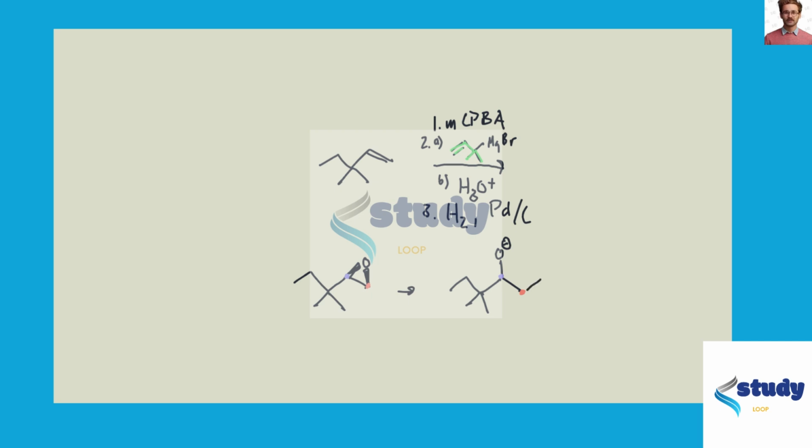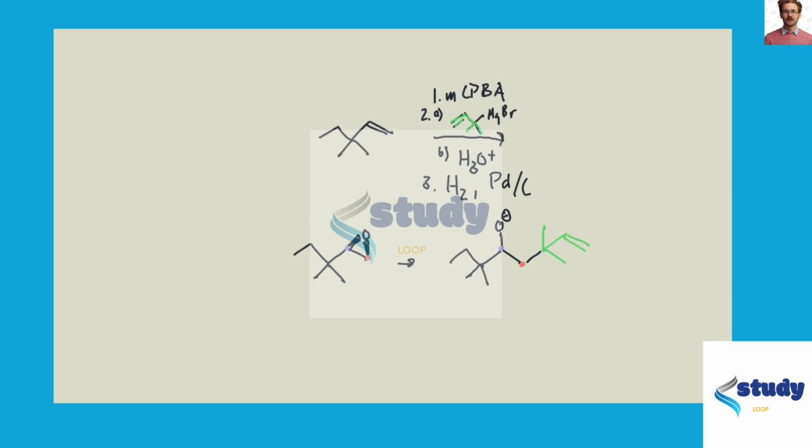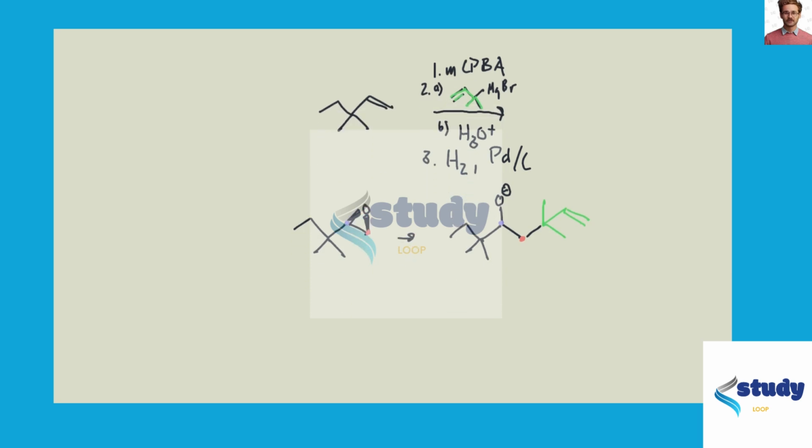And the carbon has a methyl group, another methyl group, and then a bond to a carbon with a double bond, like so. Next, we do acidic workup, which will turn our alkoxide into a neutral hydroxyl.